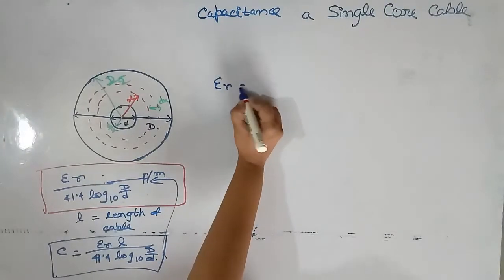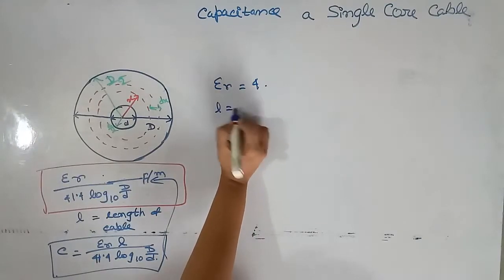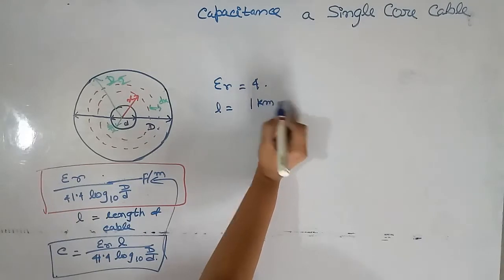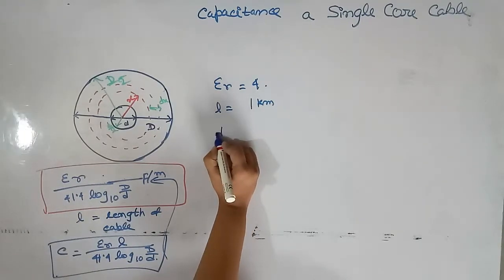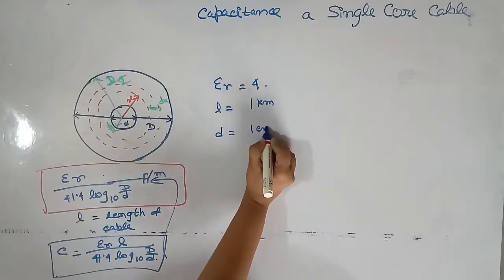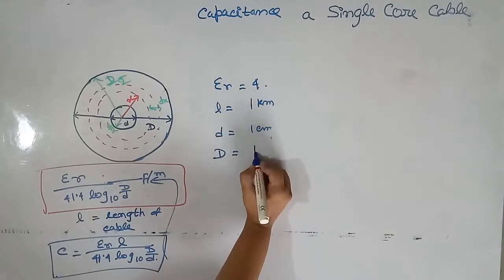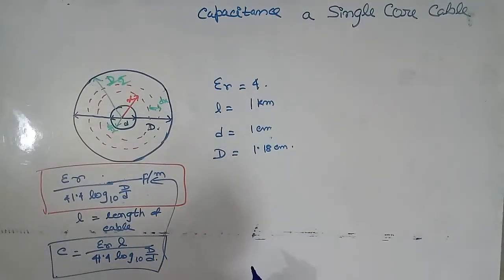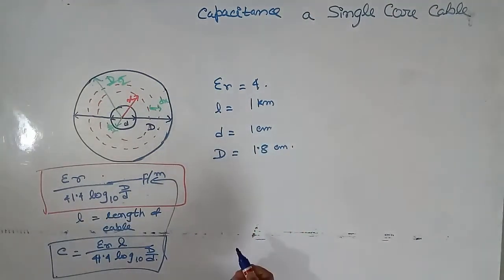epsilon r is equal to 4, length is equal to 1 kilometer, conductor diameter small d is equal to 1 centimeter, sheath diameter capital D is equal to 1.8 centimeter.